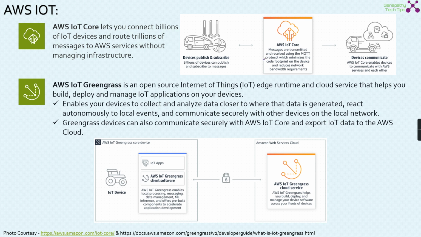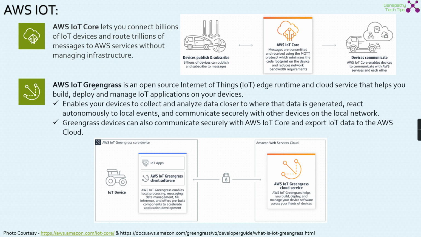IoT Core is the ideal way by which you can utilize the MQTT protocol. The sensors will emit the data in the form of MQTT, and then it is consumed by IoT Core. Subsequently, either using Lambda or Kinesis, we can stream and process the data within the AWS ecosystem. So this is the ideal starting point for any IoT-related use cases.